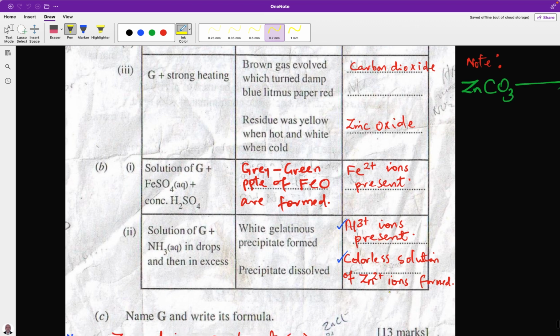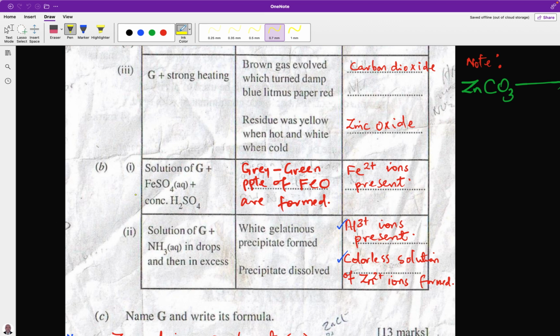If you have ever observed the test for cations, reacting substances containing cations with sodium hydroxide and aqueous ammonia, you will observe what I am telling you.